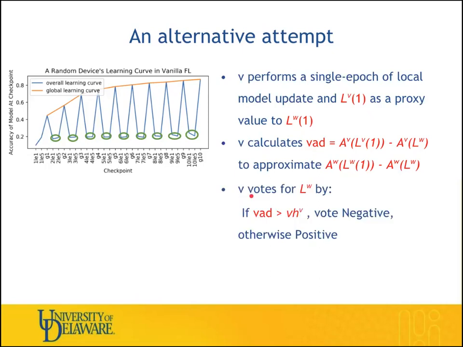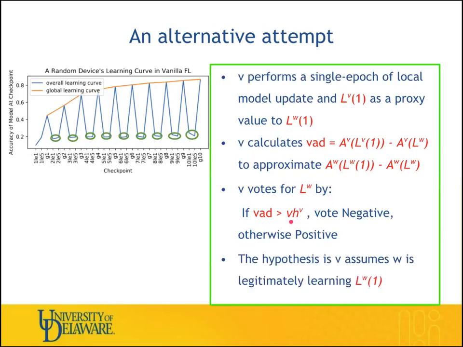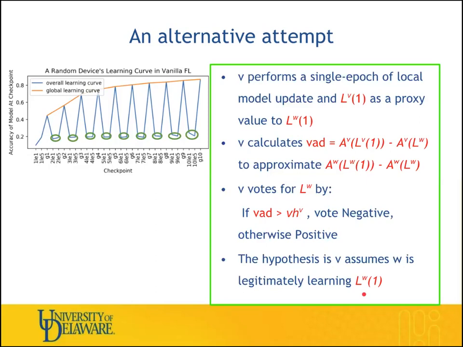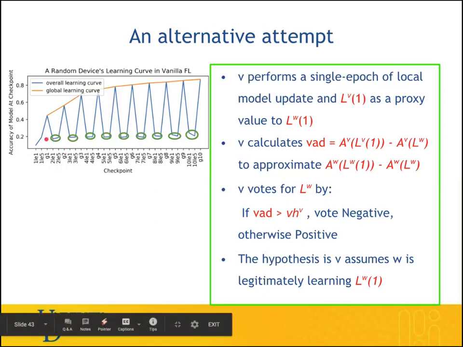Then the validator could vote for this local update by comparing this VED value with its validator threshold value, which is a local accuracy drop tolerance subjectively set by V. Therefore, the hypothesis here is that when the validator uses LV1 to approximate LW1, he or she is assuming the worker W is legitimately updating its model for the first local epoch, because V would regard him or herself as a legitimate learner at this moment, right?